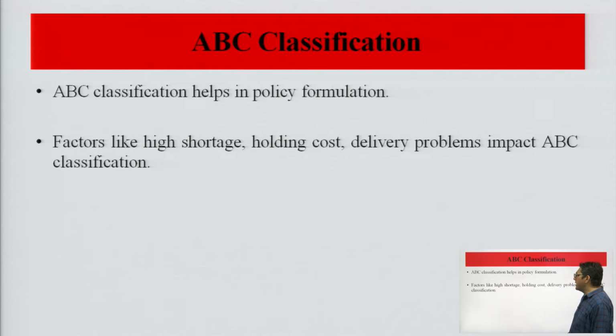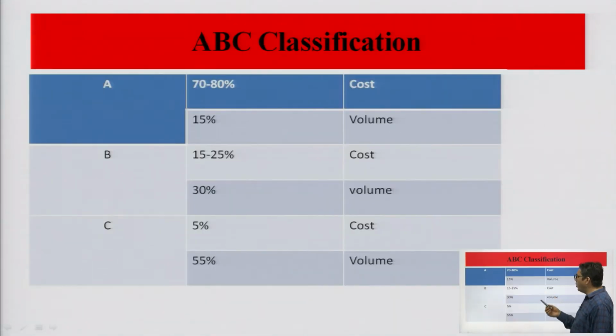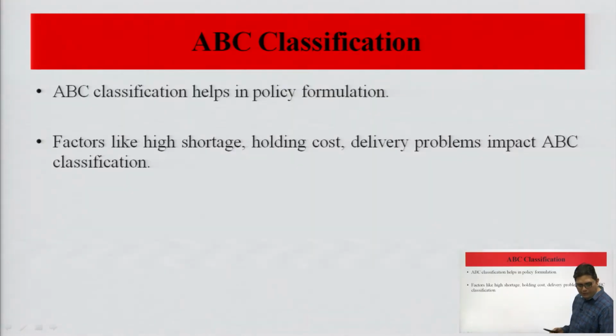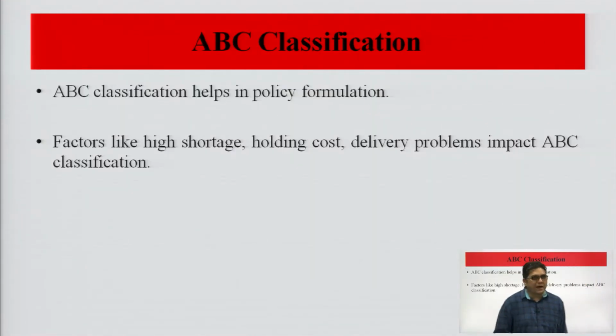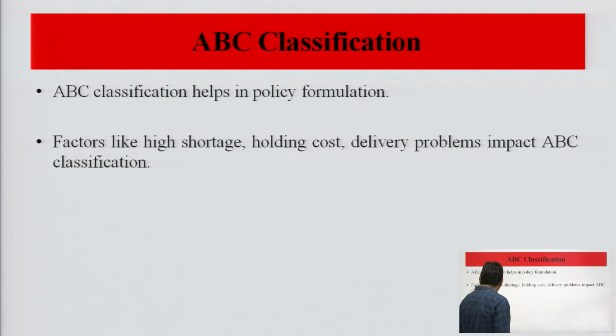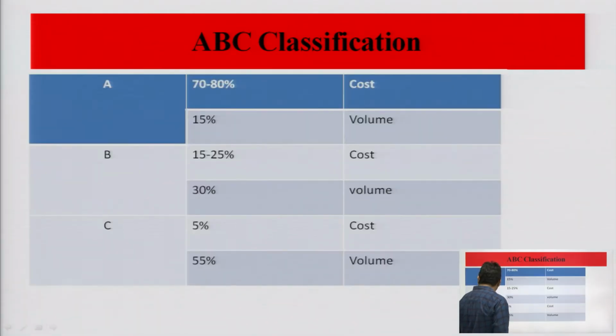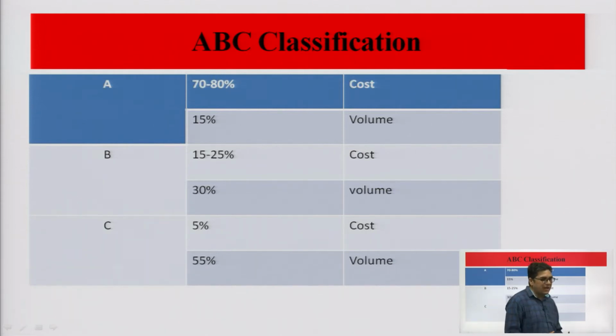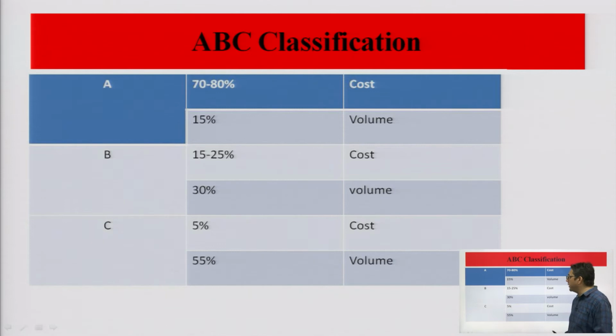Next, factors like high storage, holding cost or delivery need to be taken into account, which are likely to impact the classification in the organization or the business also. So, we need to realize how this classification needs to be done.